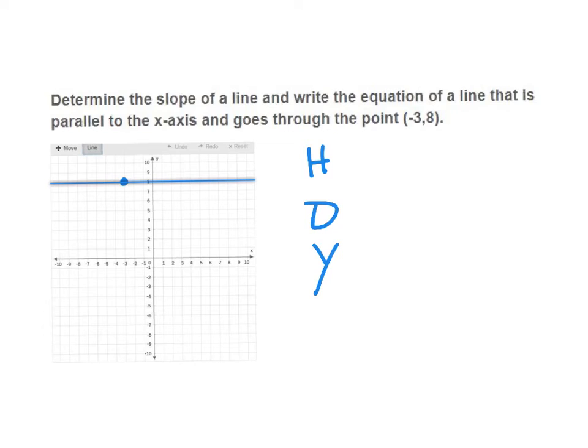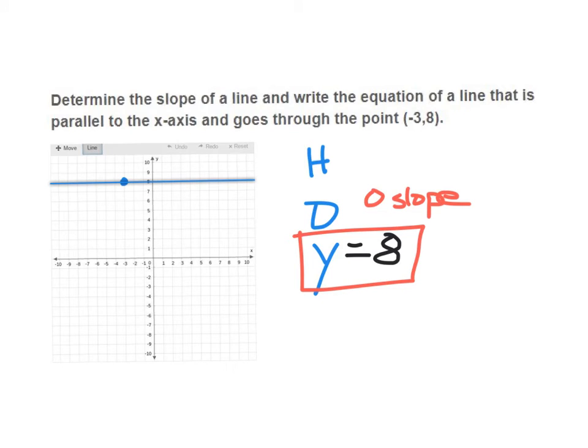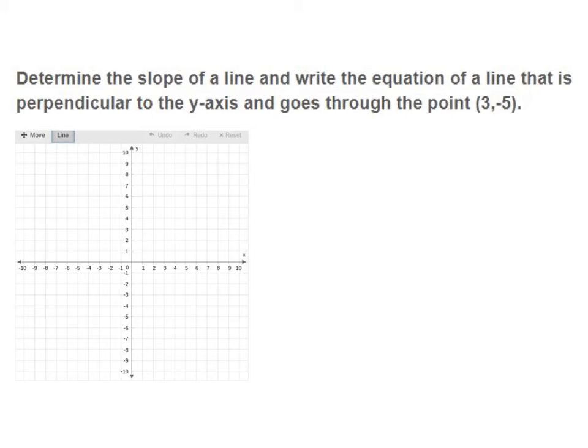For this one, y is always equal to 8. So that would be our equation, y equals 8. And then again, our slope, it was a 0 slope.